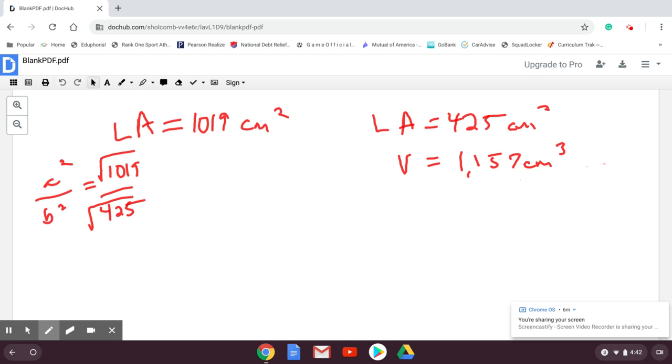And so now I've got my scale factor a over b is equal to this really ugly looking square root of 1019 over square root of 425. Because there's no perfect squares in there, I'm just going to leave them as those ugly square roots.